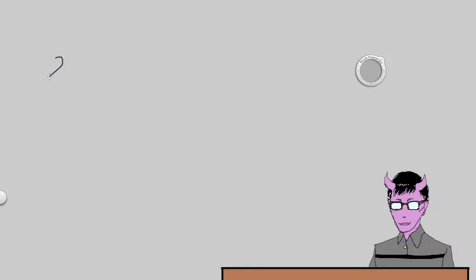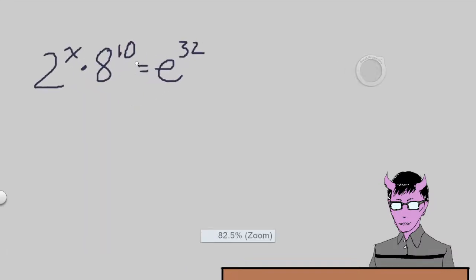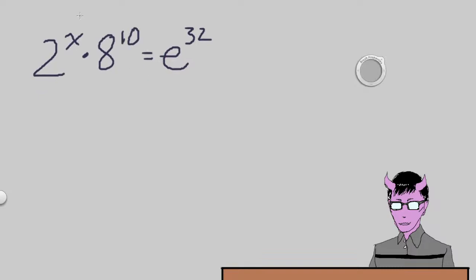So problem number 1. So we have 2 to the power of x times 8 to the power of 10 is equal to the natural number e to the power of 32. So again, this is in contrast to what we've been doing before, right? Typically, you can get all the bases to match up for the majority of our older problems.